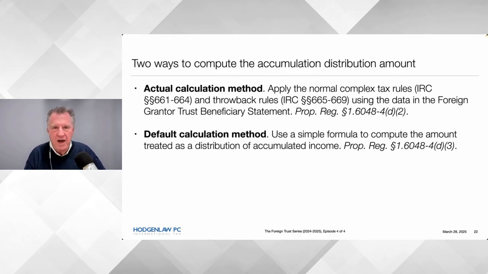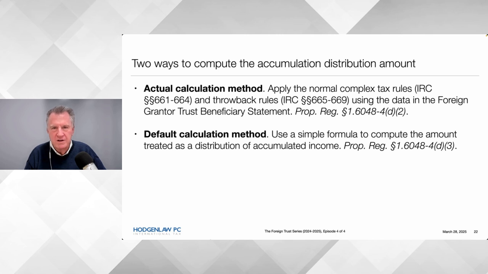One is called the actual calculation method, and that simply follows all of the trust income tax rules that you know and love for distributable net income, undistributed net income, and all that stuff. And you use those, and at the trust level, they calculate how much is the undistributed net income, and then we'll figure out how much of the distribution came from undistributed net income. So this is just like normal stuff.